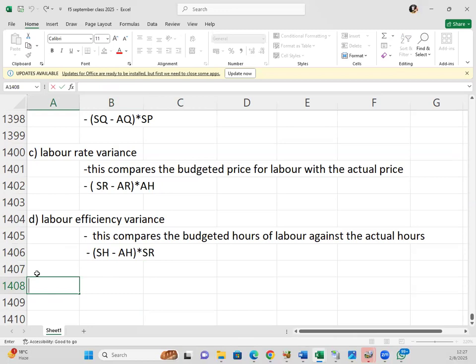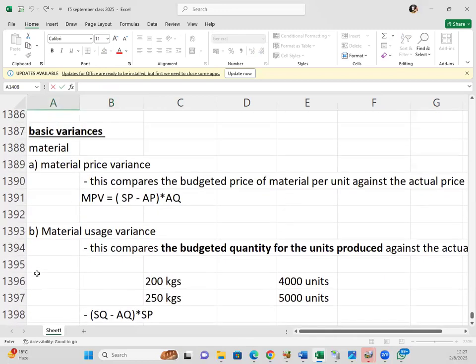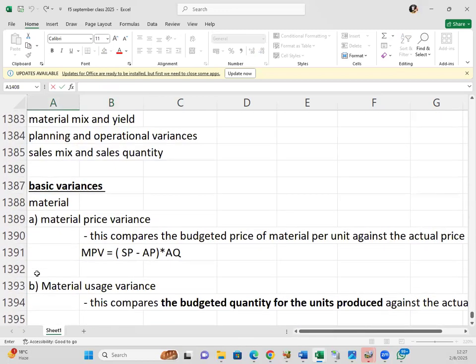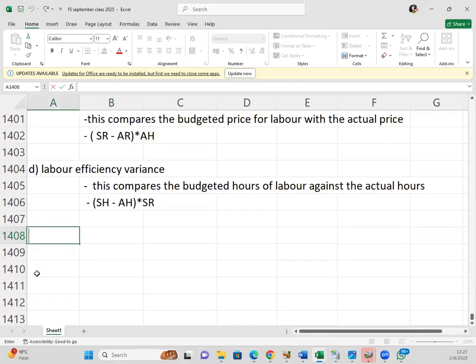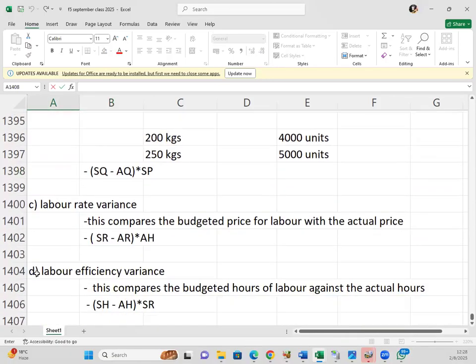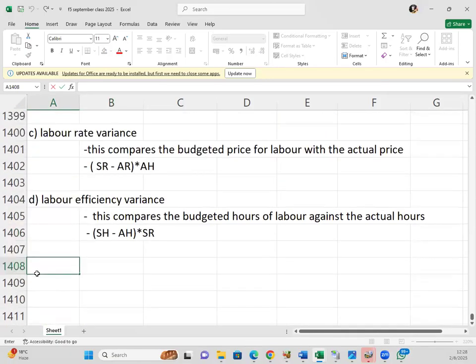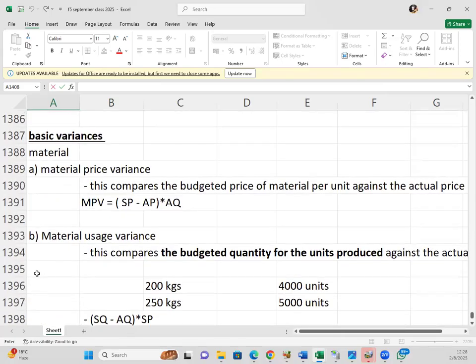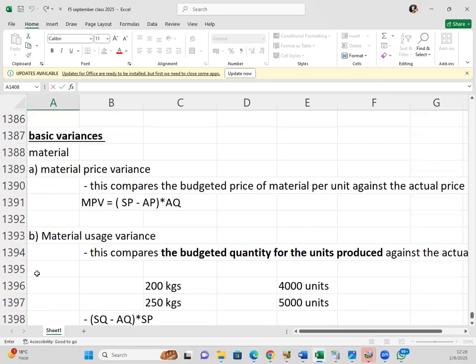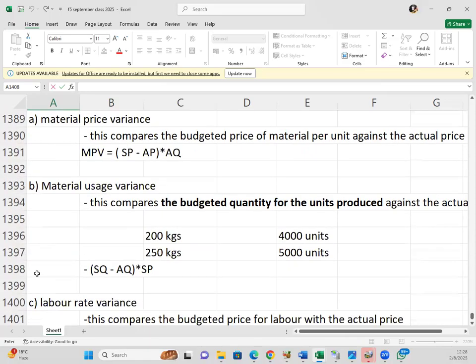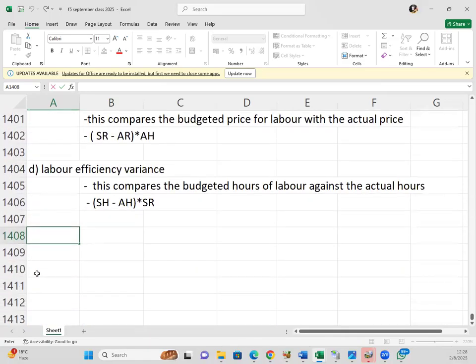So that is, if we look at the material price, material usage, labor rate, labor efficiency. Now let's move on to the sales.